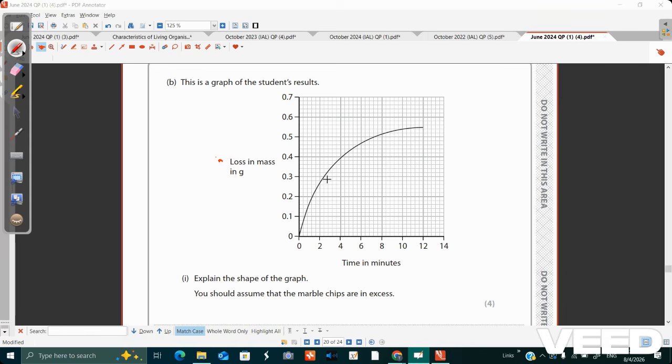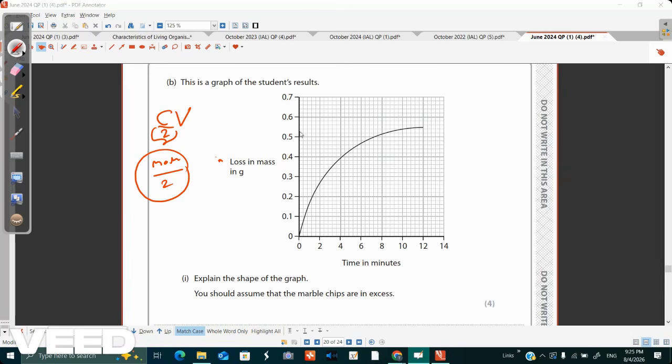So half the concentration means half the concentration. Concentration multiplied by volume is number of moles. Half the concentration means half the moles. Half the moles means, compared to the previous experiment, only half of the reactant is reacting.